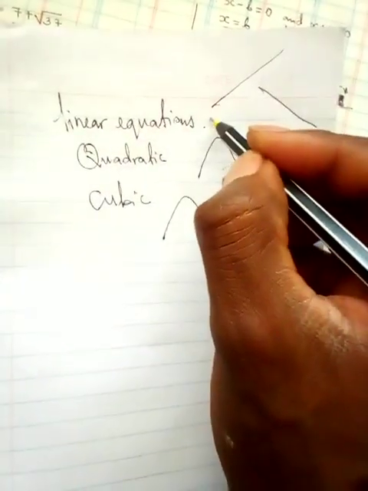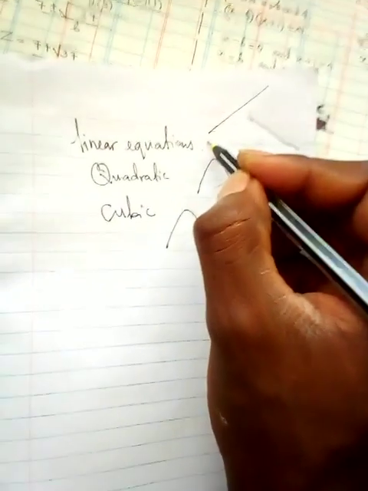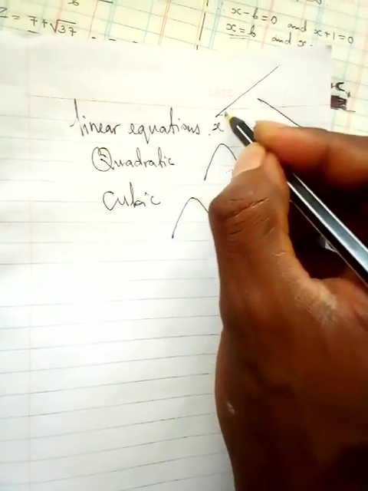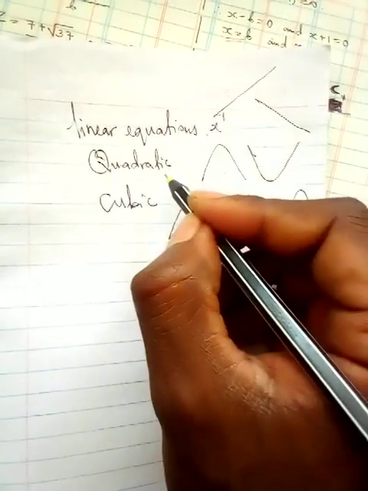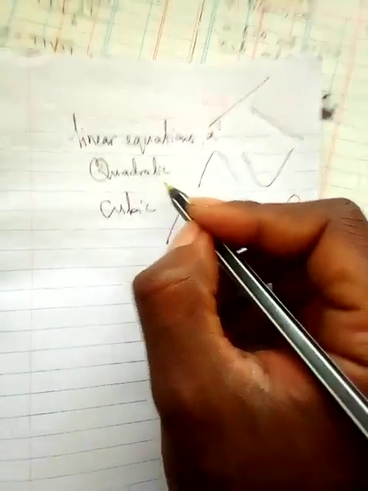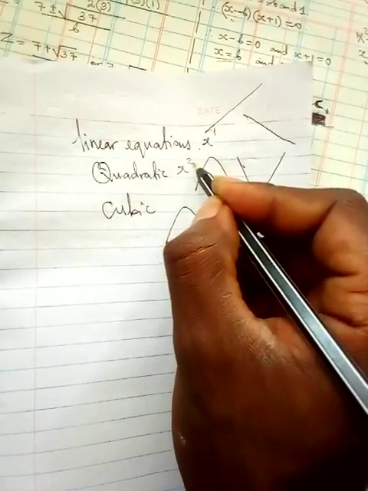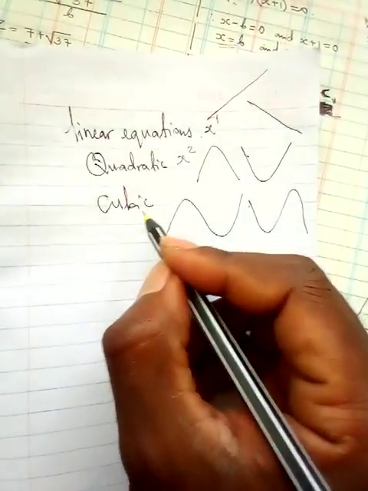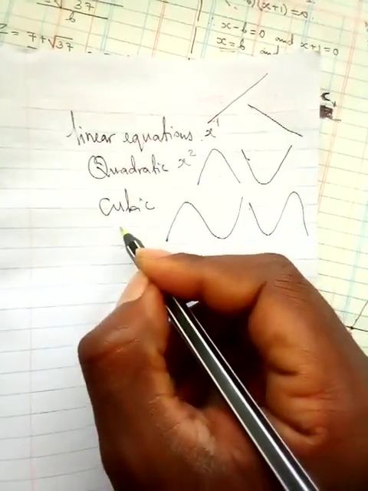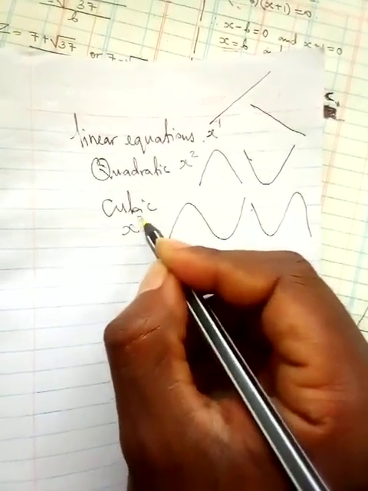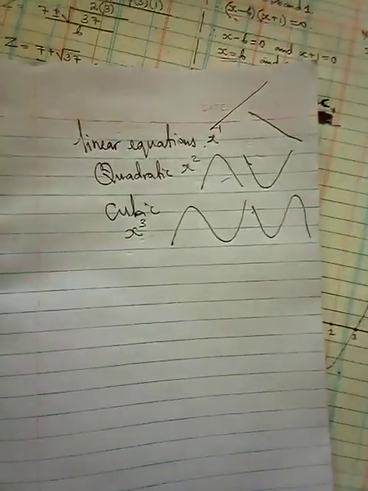The highest power of x in linear equations is 1. The highest power of x in quadratic equations is always 2, the square. And the highest power of x in cubic functions is always going to be 3.